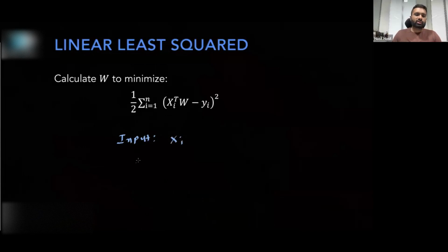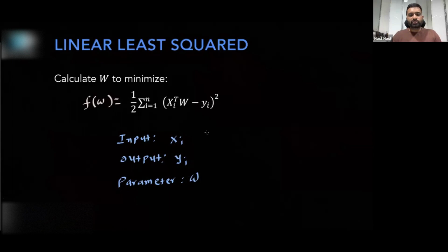What is output? That has to be computed. Y. Wonderful. And what are the parameters? The parameter is W. So this entire thing is a function of what? This entire equation is a function of W because the other things are fixed. These two are fixed, given input. Given training data, it is fixed. So this is a function of W.